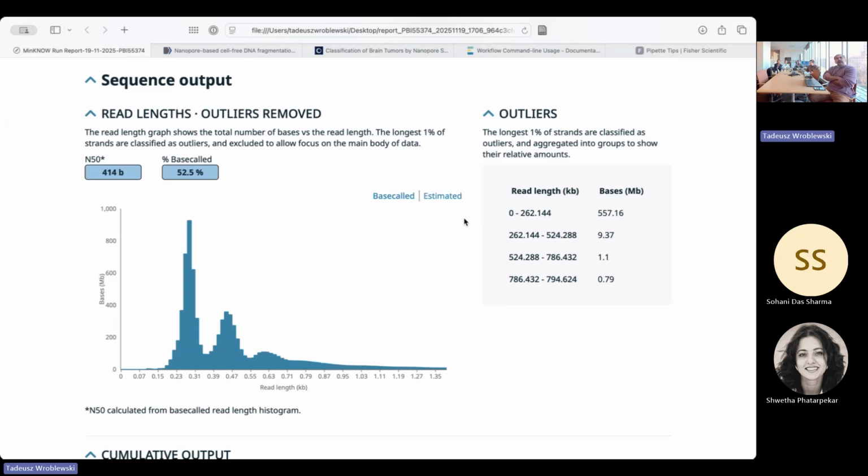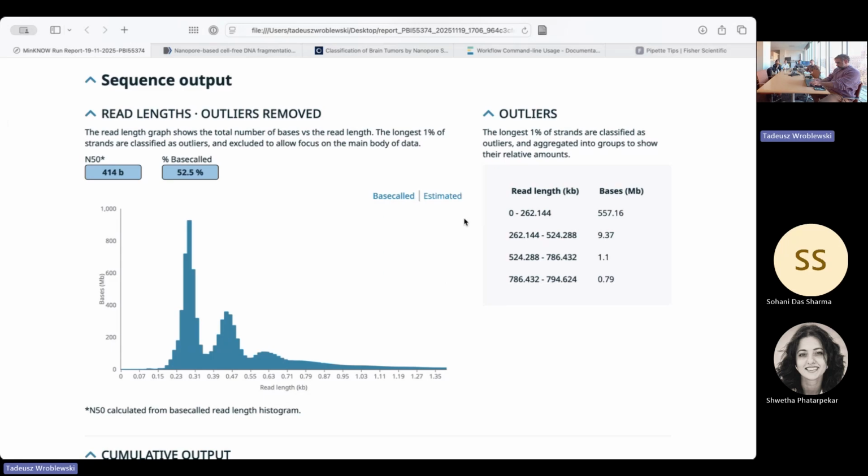So now, read length distribution. I'll show some other data. It looks actually correct, even other labs got very similar distributions. Since I don't have any CSF run report to compare, I cannot talk a lot about it, but it looks very similar to what we expect, right?